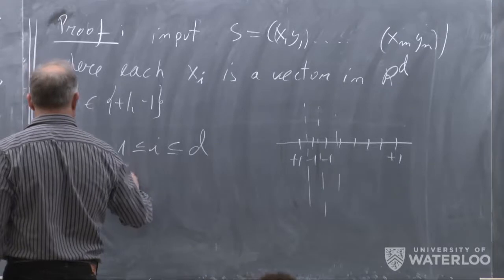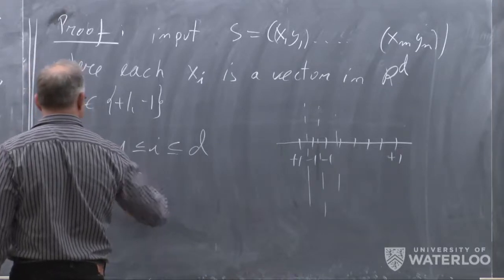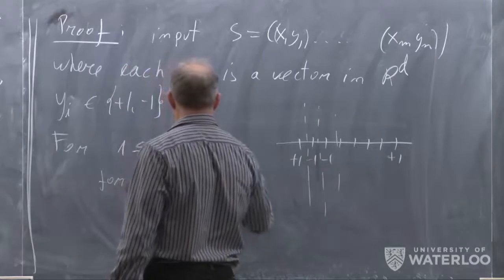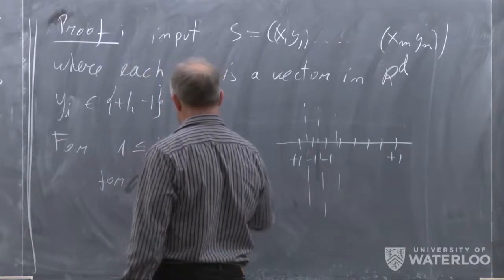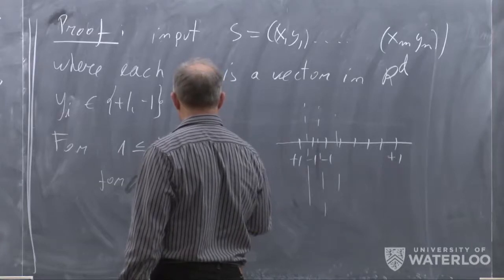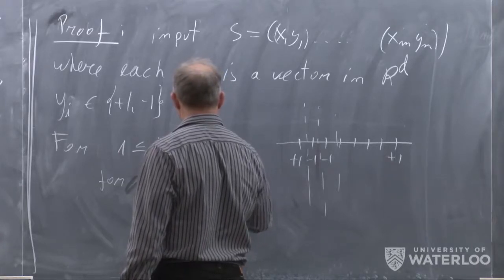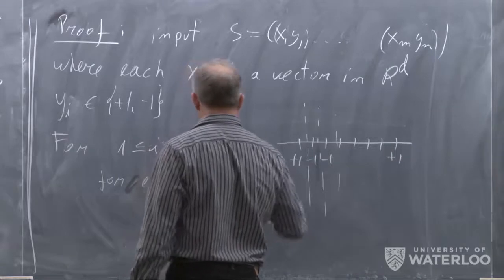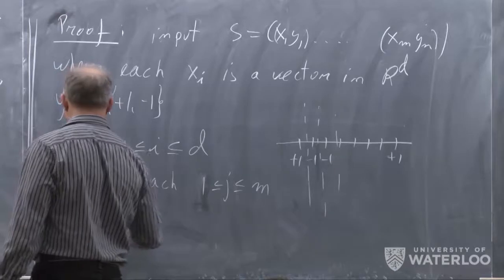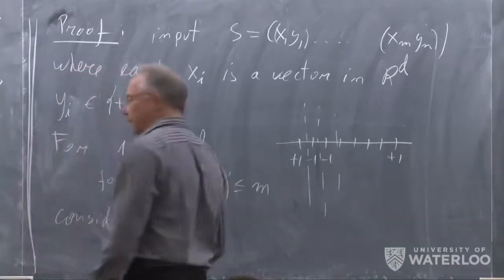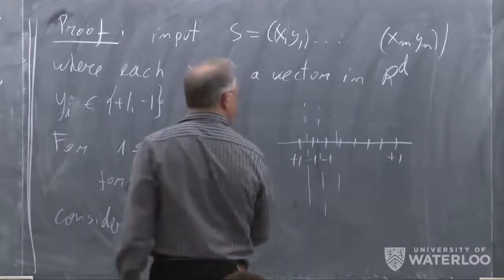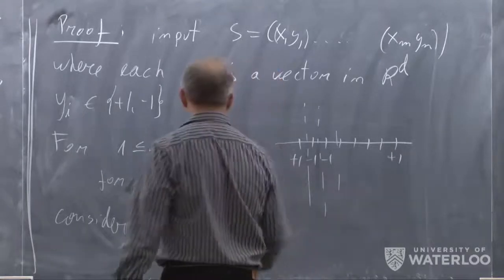Now for each j between 1 and M, consider the function h which is determined by projecting on this coordinate i.